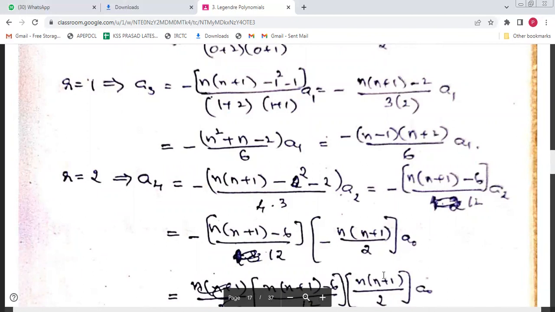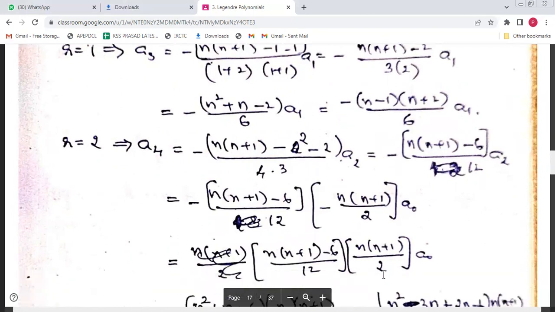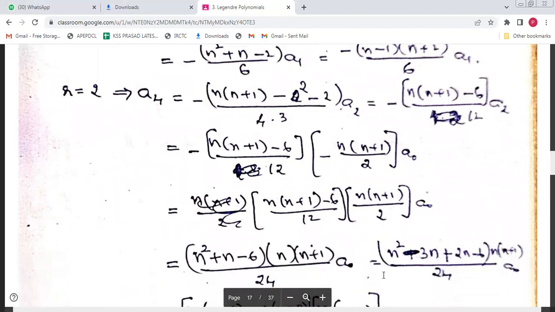Just now we have calculated minus n(n+1) by 2 times a0. That becomes [n(n+1) - 6] by 12 into n(n+1) divided by 2 times a0. And further simplification by taking LCM, 12 into 2, that is 24, the above equation becomes (n² + n - 6)(n² + n) by 24.